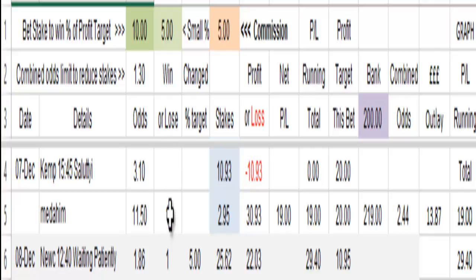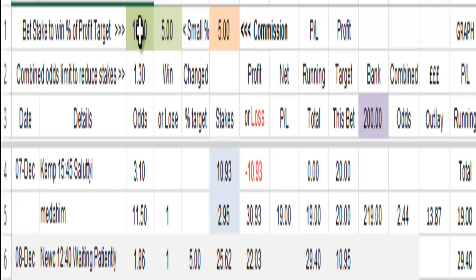I know which ones have won because it's got a 1 in it. Now the target for this was £10 because if you look over here, the combined odds were 2.44. These two combined made a combined odds of 2.44, which is more than 1.30, so we're going for 10%. Now you'll see what I mean in a minute when I come to the next one.